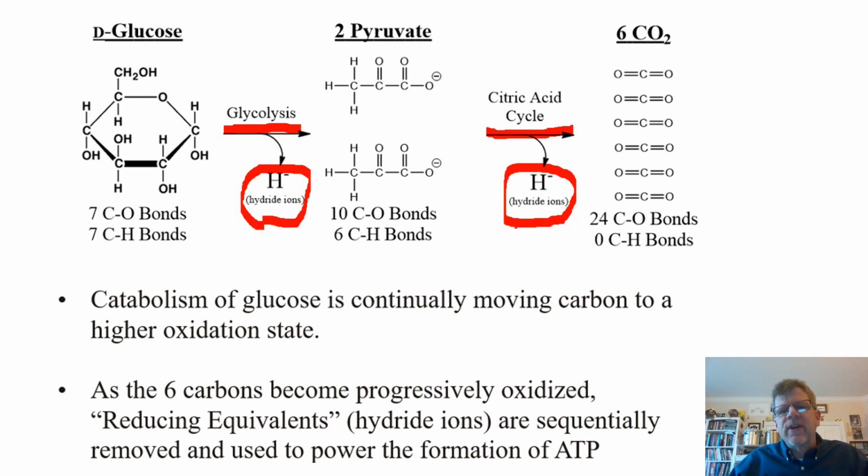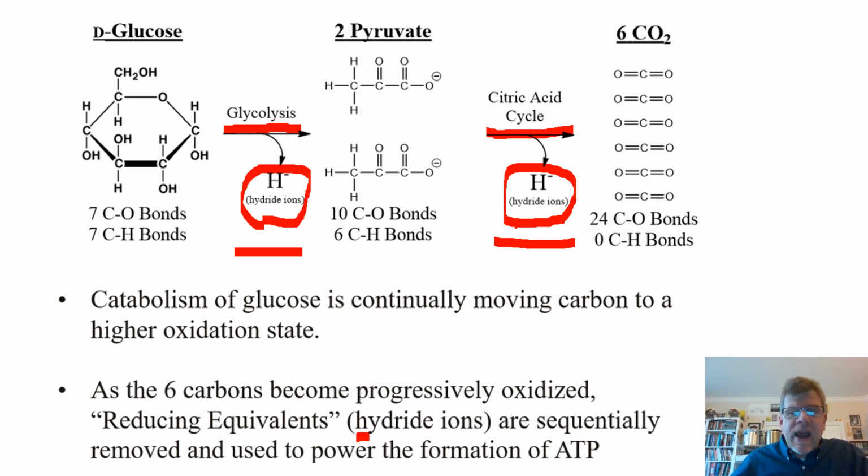So H- here, which once was the garbage: this new process, the citric acid cycle, takes hydride ions, which are shuttled around as NADH, and uses them to drive ATP formation. So what once was a downfall of glycolysis is now a boon to this next energy production pathway.